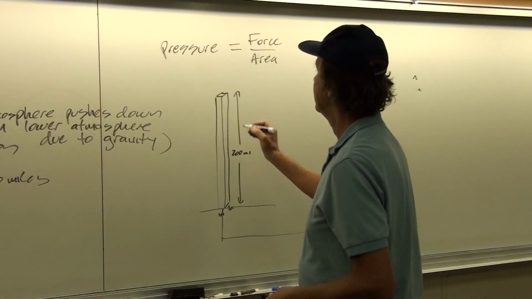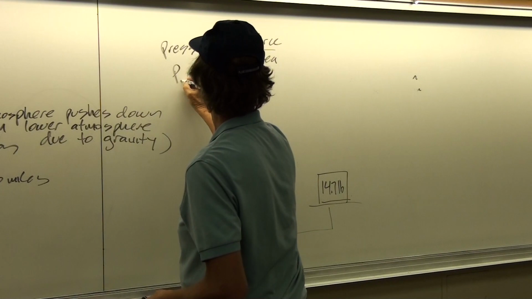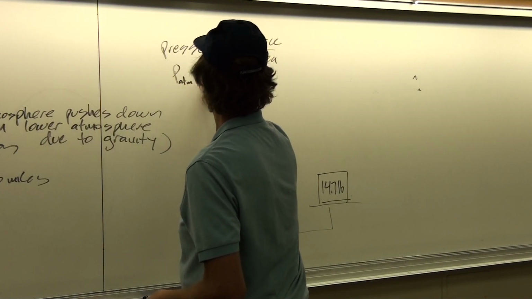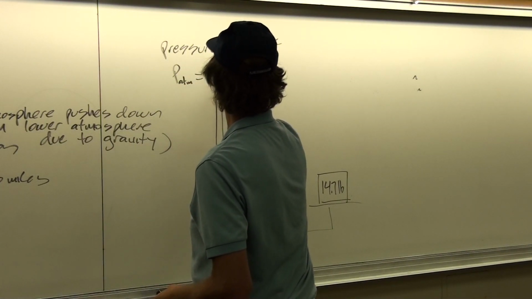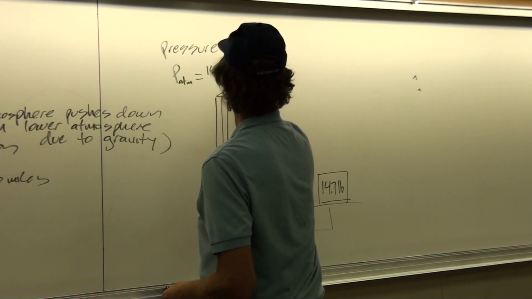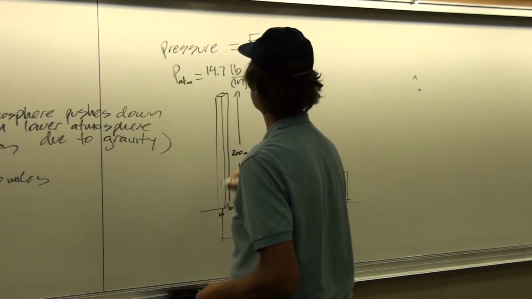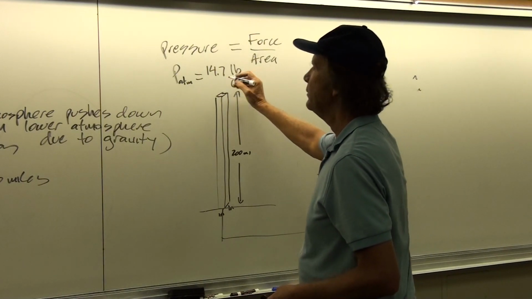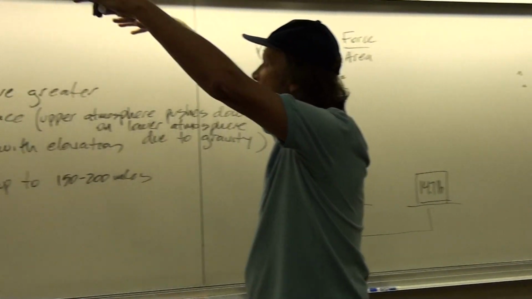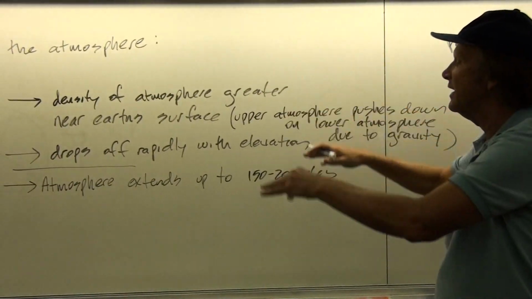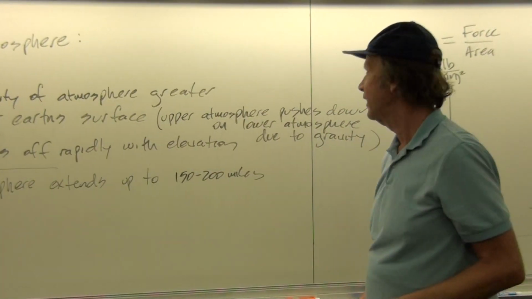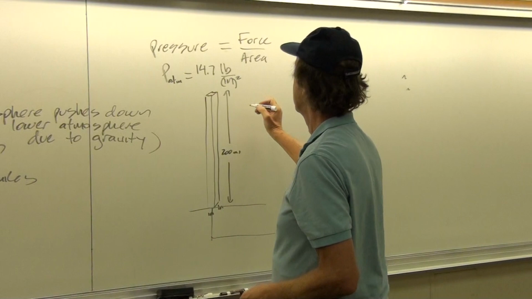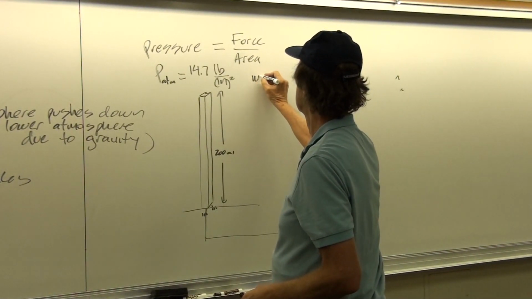And so we say then that P atmosphere, pressure for the atmosphere, is 14.7 pounds per square inch. And that measures the pressure of the atmosphere due to the weight of all of the rest of the atmosphere pushing down on that surface on each square inch.